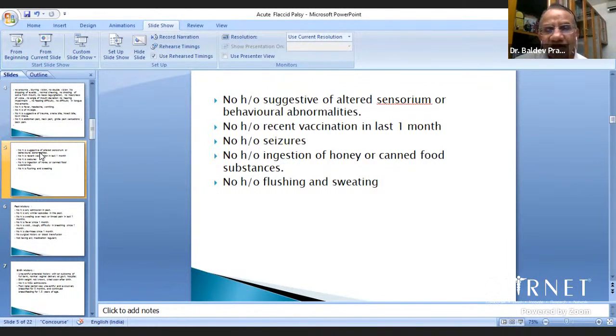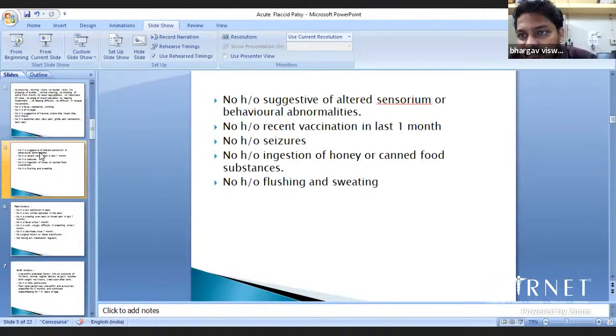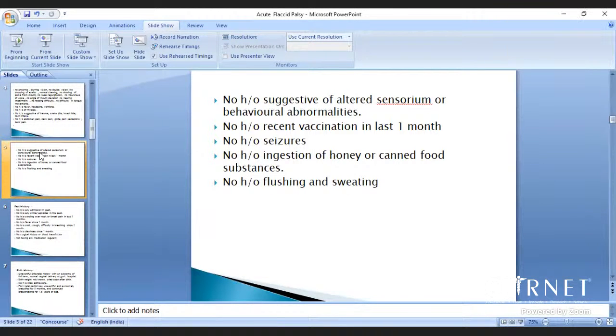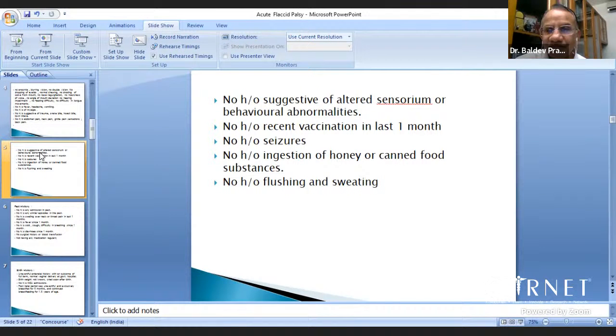What are the common adverse effects of DPT? Excessive cry, persistent cry, fever, and the pain, inconsolable. Avni will help you. I think he's trying to recollect some muscle tone adverse effect of the DPT. Am I right, Bhargav?